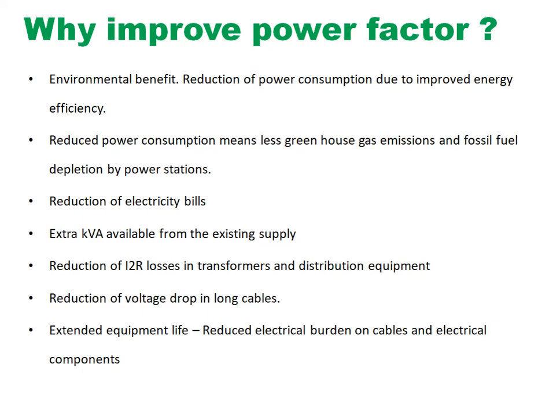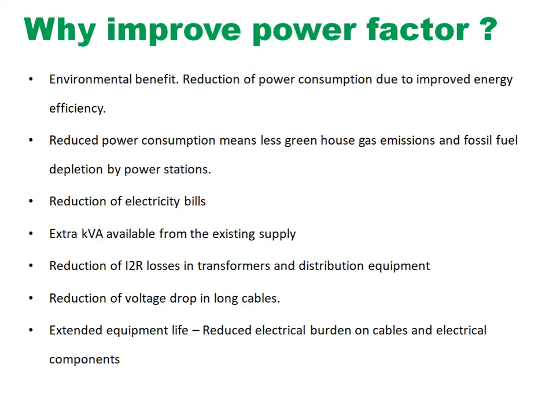This is the main thing. We can reduce the I square loss, we can reduce the electricity bills, and the international IEC standards and various other standards recommend that the power factor has to be at a certain level only to be allowed. Because of that also, the power factor has to be improved.